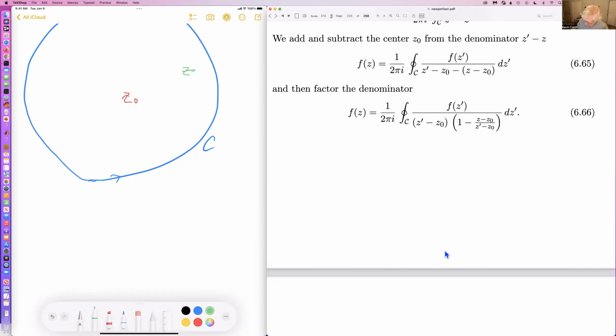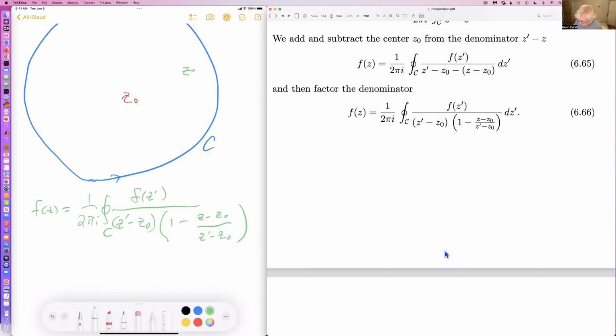In other words, what we've got now is that f of z is equal to 1 over 2 pi i integral, and we're still integrating along C, and we have f of z prime over, when we factor it out, z prime minus z0 times 1 minus z minus z0 over z prime minus z0.